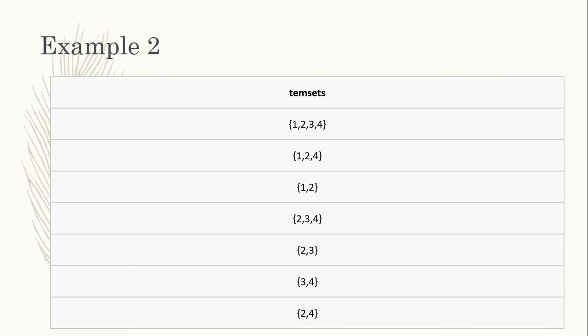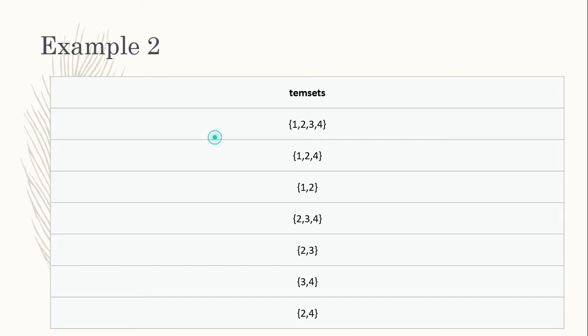We say an item set is frequent if it appears in at least 3 transactions of the database. So 3 is the support threshold. If the support is 3 or more than 3, then we consider it to be a good one.